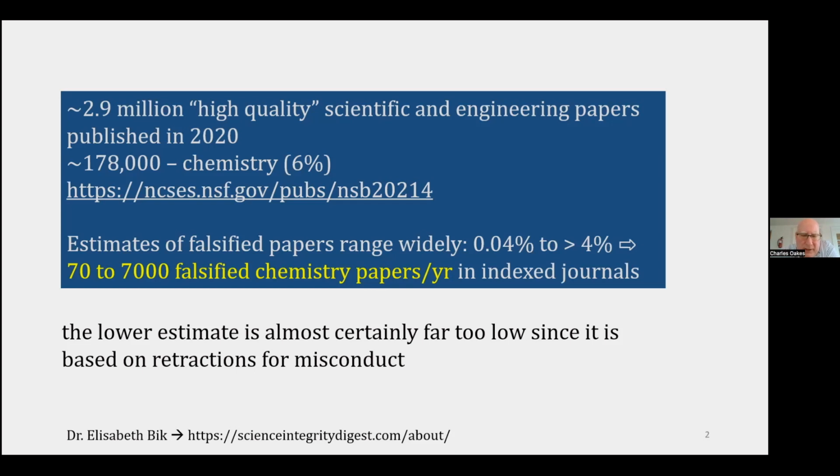And that number is based on the work of Dr. Elizabeth Bik, and I've put the URL to her blog down at the bottom. She's a biologist, and she has fantastic pattern recognition skills, let's say.